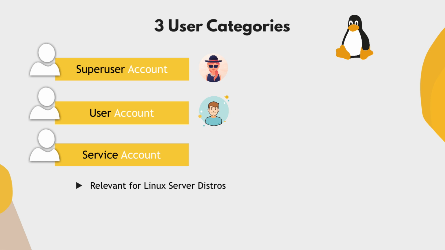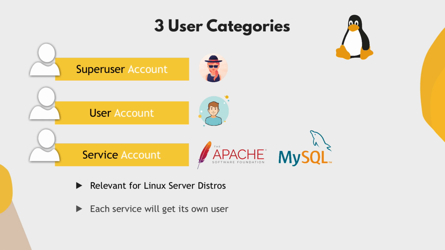So you may have an Apache server application running on a server, as well as MySQL database, etc. And each such service or application will actually get its own user. So they will not be started by a standard user or a root user, but rather they will have a dedicated, for example, MySQL user or Apache user that will start the application.